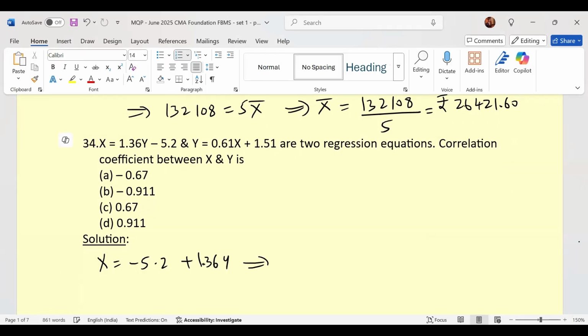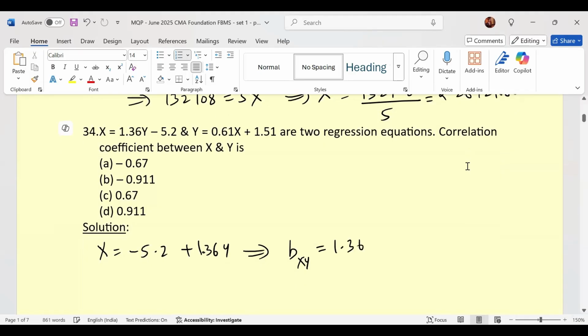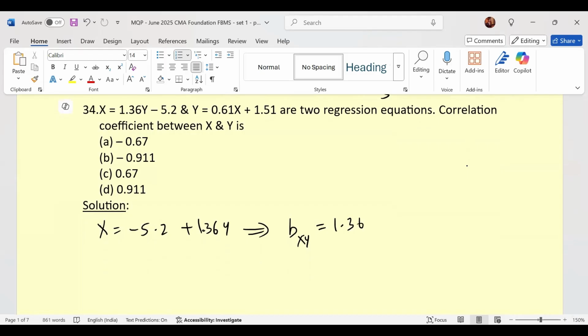Looks like x on y equation. So we'll consider this bxy as the coefficient, which is 1.36. Then the second equation, we will rewrite it as y equal to 1.51 plus 0.61 times x. That means our byx is equal to 0.61.